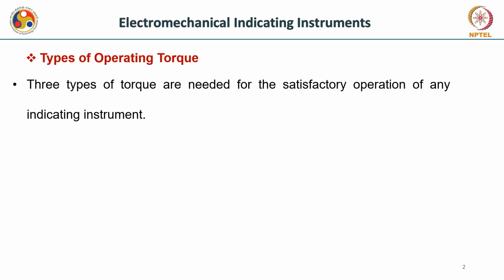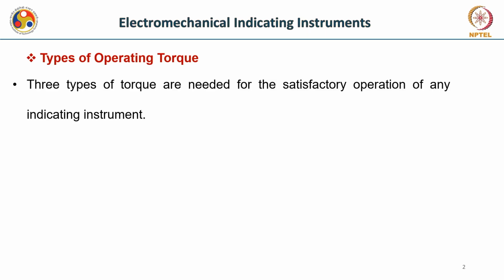In today's lecture we are going to discuss operating torques in the electromechanical indicating instruments. Let us try to understand first what are the different torques which are essentially required for an analog instrument to operate or function properly.